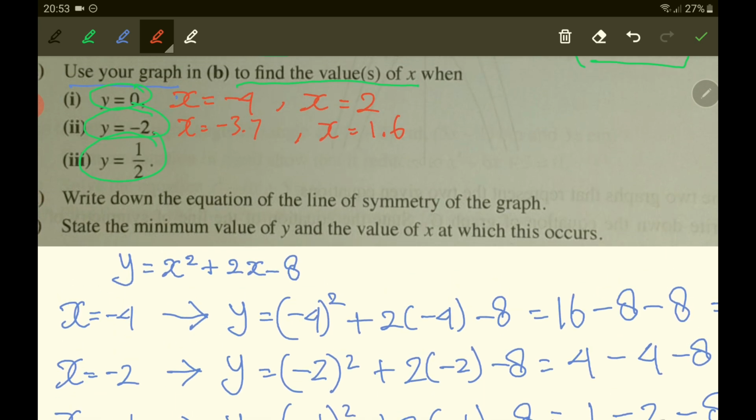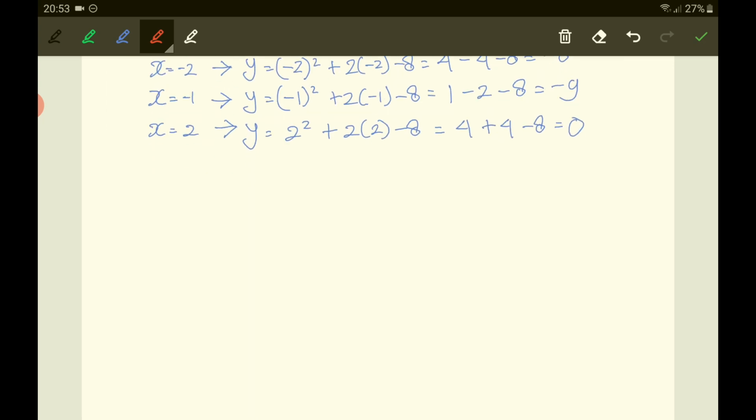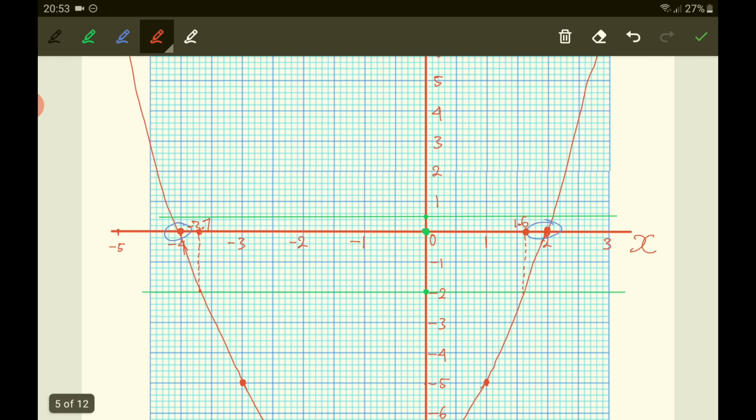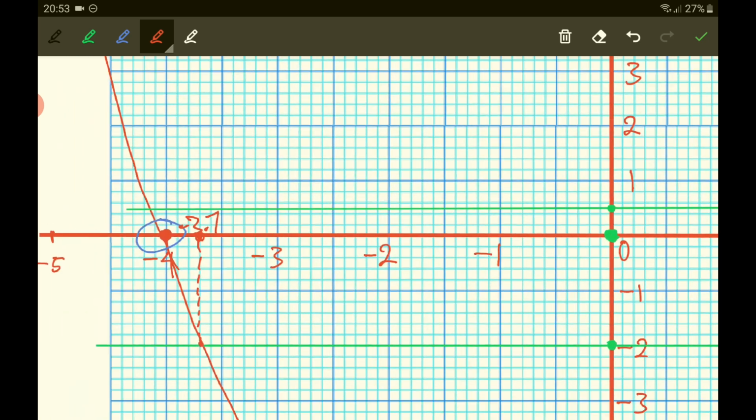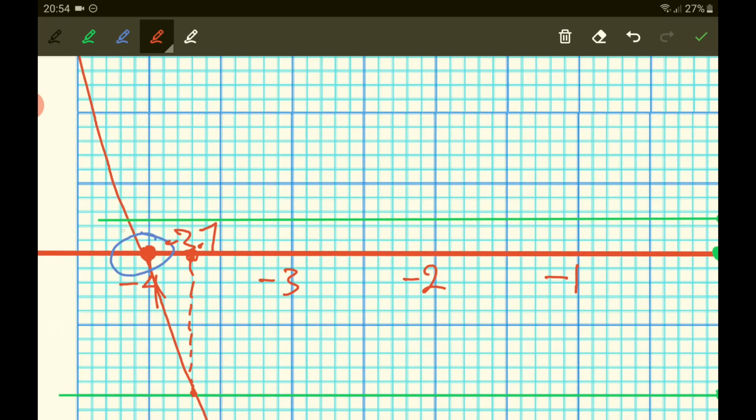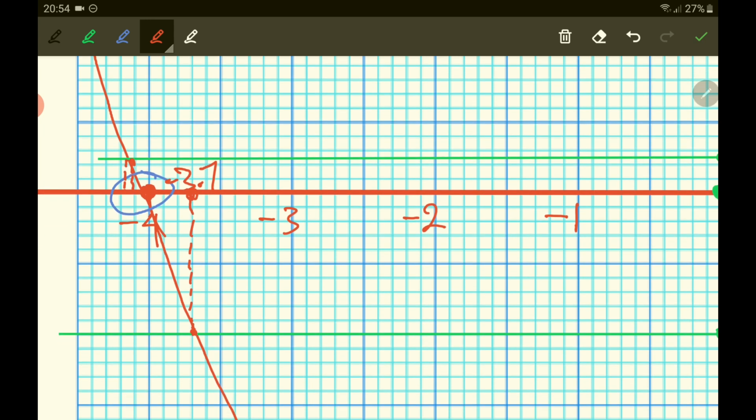Okay, now how about when y equal to a half? When y equal to a half, we try to check again. So the first one, in between, yeah. Wow, it's very close. Alright, so let's round it to be here, because there is an error factor of the drawing line.